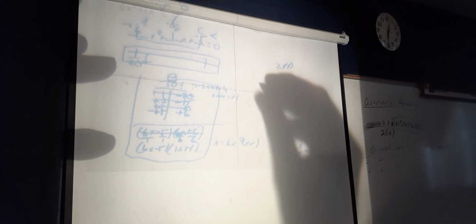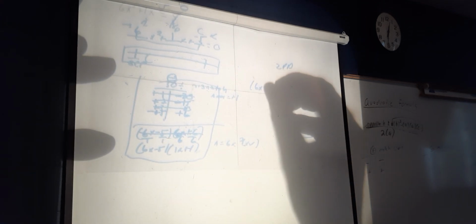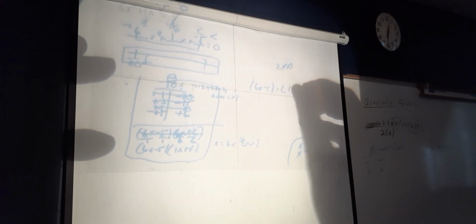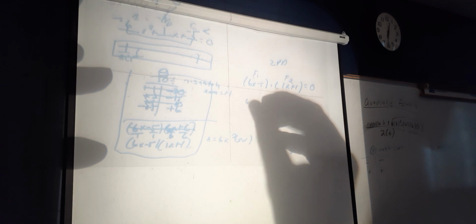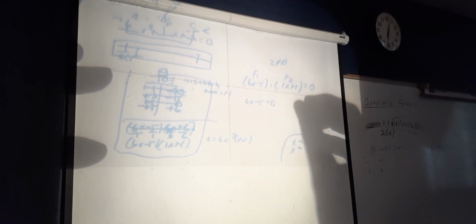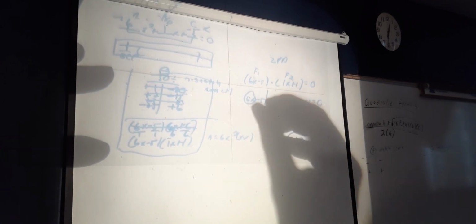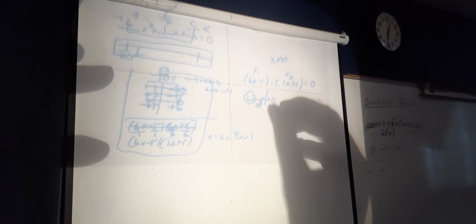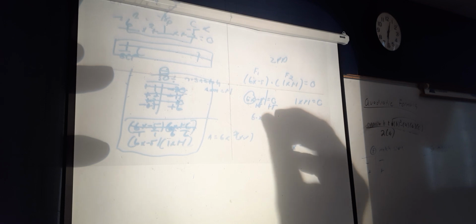So my factoring is 6x minus 5 times 1x plus 1. So F1, F2: 6x minus 5 equals 0, 1x plus 1 equals 0. So add the 5 and divide by 6, but this one's going to be a whacked out decimal.